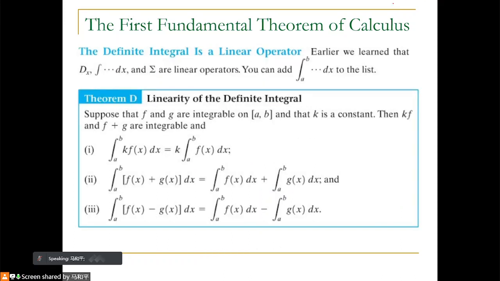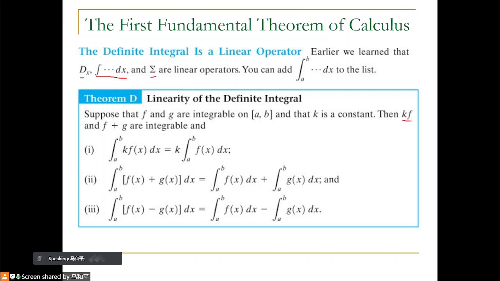And we also learned the definite integral is a linear operator, the linearity of the definite integral. This is because we have learned that d/dx, the differentiation, and the indefinite integral, and sigma are linear operators, and we can add the integral from a to b dx to the list. Suppose f and g are integrable on [a, b], and that k is a constant.